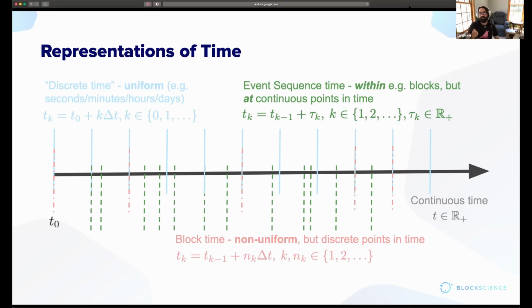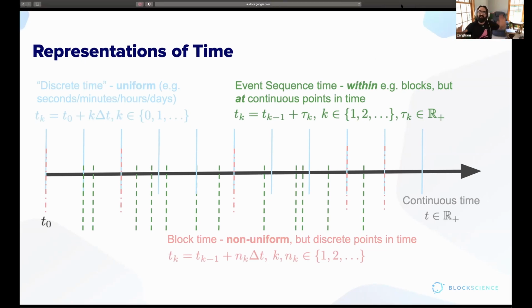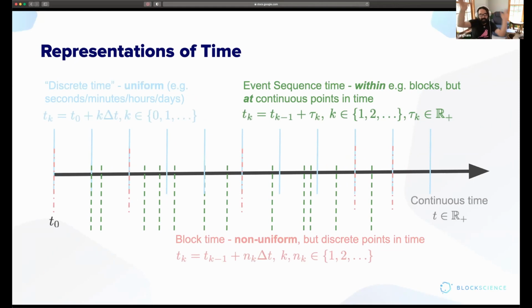And this event sequence time basically says, look, if I've modeled my system and I say I only care about these things, this tells me that there are certain transactions which can be thought of as touching the states in my model that I care about, and I care about exactly what order they happened in. If they happened within the same block, I still care about exactly what order they happened in. If they happen months apart, I still just care about exactly what order they happened in.